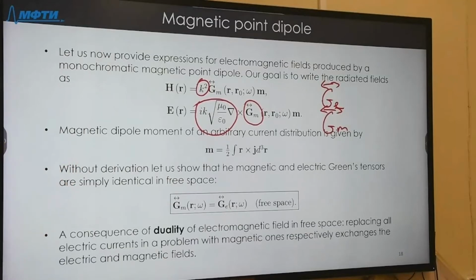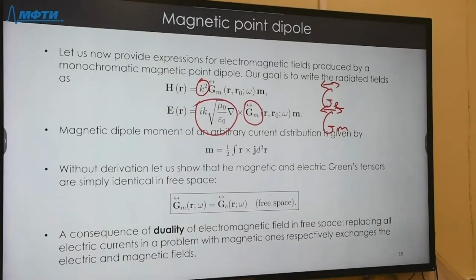Duality, as you might remember, is a property of Maxwell's equations, a certain symmetry that admits replacing electric fields with magnetic fields in the absence of media, in the absence of sources, in the absence of currents and charges.